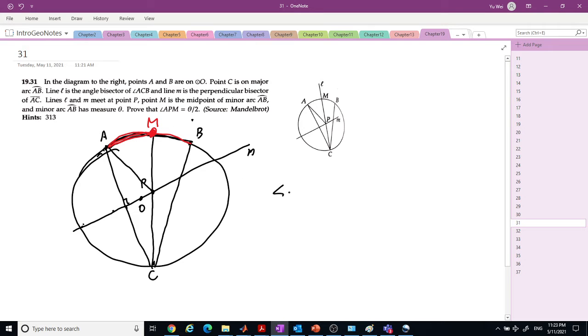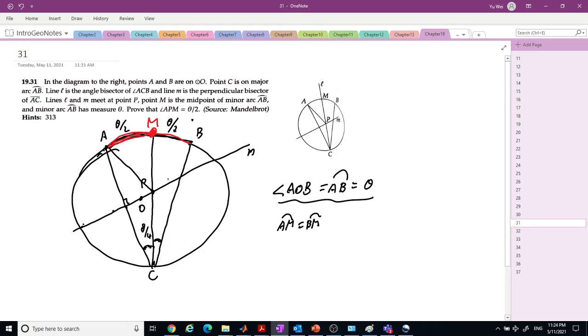So that means angle AOB is equal to the arc AB, which is theta. Since AM equals BM, this is theta over 2 and this is theta over 2. Then this is the central angle, so this angle is half of theta over 2, a quarter of theta, right?